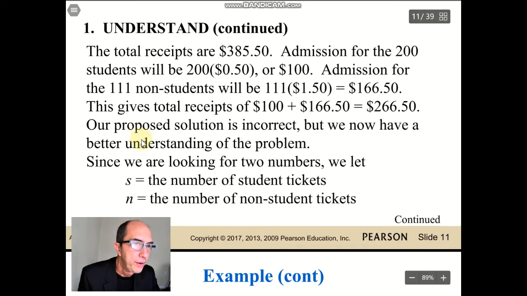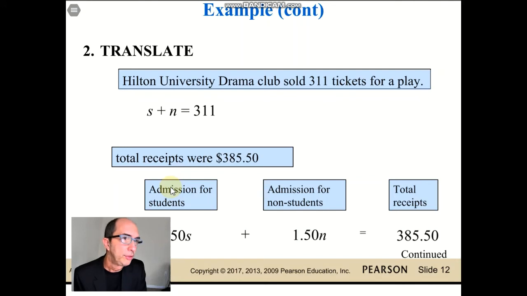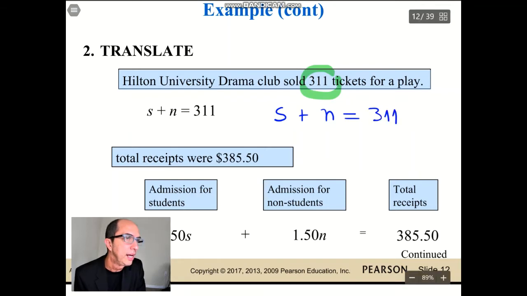Now let's translate into math. Hilton University Drama Club sold 311 tickets for a play. This is the total number of tickets. That means if you add S, the number of student tickets, plus N, the number of non-student tickets, you're going to have a total of 311.